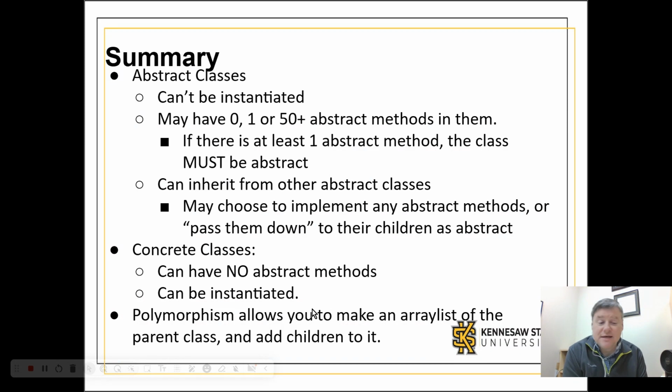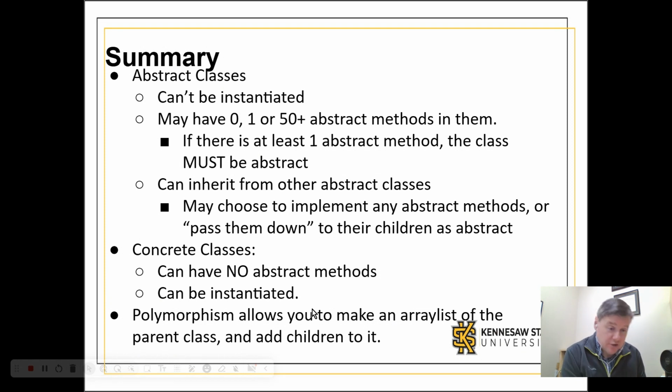Okay, so that's the end of the lecture on abstract classes. The summary is abstract classes cannot be instantiated. They can have any number of abstract methods, which can include 0. If there is at least one abstract method, your class must be abstract. You can inherit from other abstract classes, and from there you can inherit abstract methods, which get passed down to your children as abstract, and then the child has to deal with it.